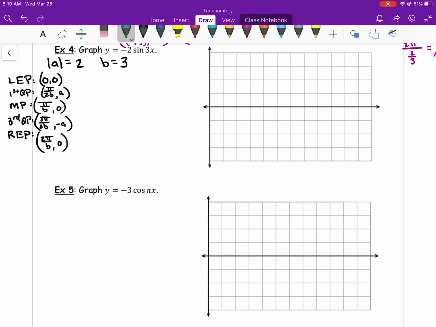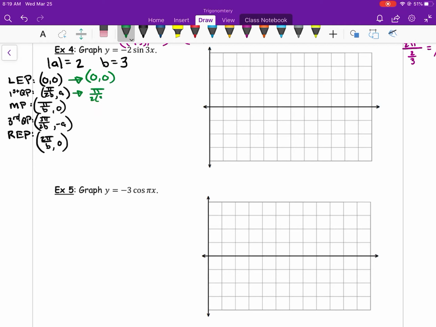Alright, so now we just have to plug it in. Left endpoint's nice and easy. 0, 0. And then we'll get, sorry, it's not 2 pi.